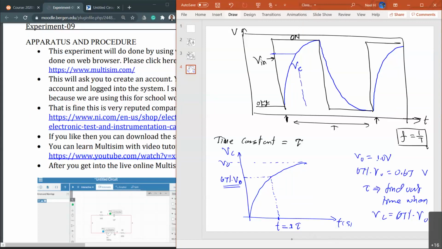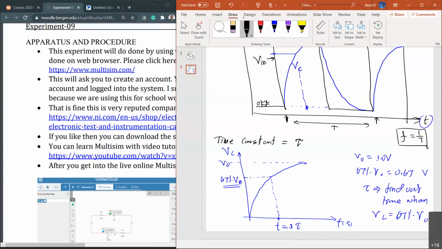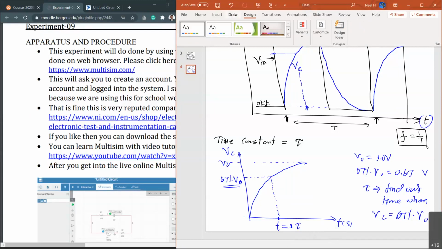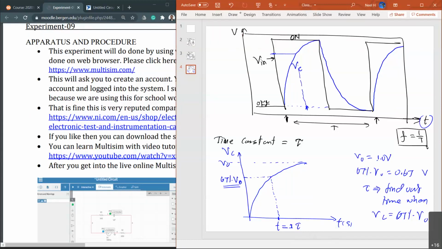You know how to measure the time value, because t is generally given as division per second, right? We discussed during the last experiment how to measure anything on the x-axis. You find out how many segments there are, multiply the division per second value by the number of segments, and you have the answer. That's a very simple measurement. Then we can do the same thing for the discharging circuit too.